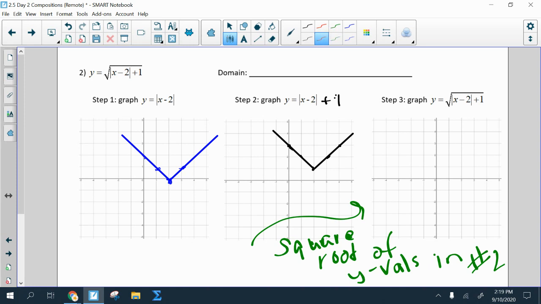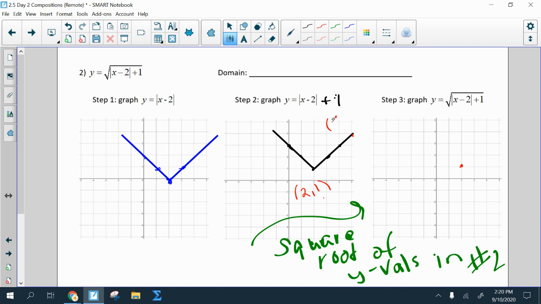Let me get a different color. I have this point 2, 1 on this black graph here. I'm taking the square root of 1, and the square root of 1 is still 1. Now I have this point here, 3, 2. I don't know that it's very helpful to take the square root and graph it. So I'm going to go to where I know there's a perfect square, all the way over to the point 5, 4.